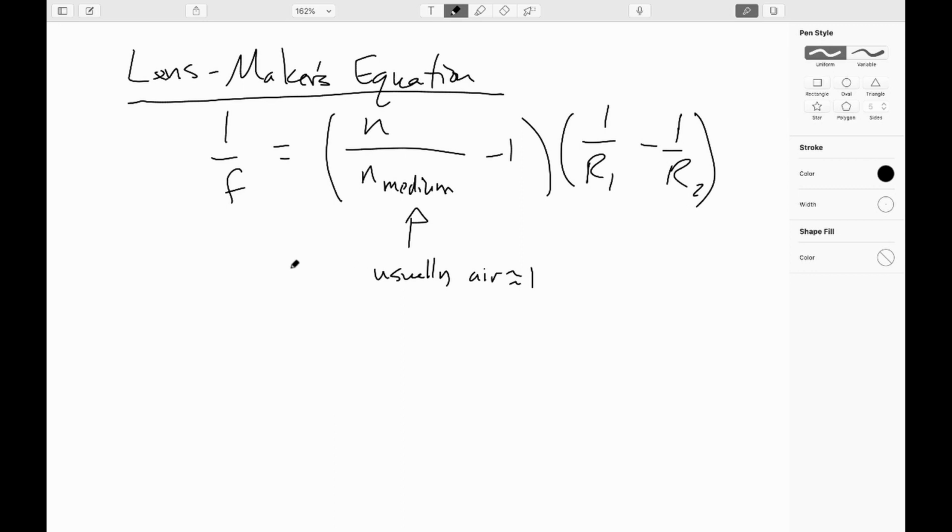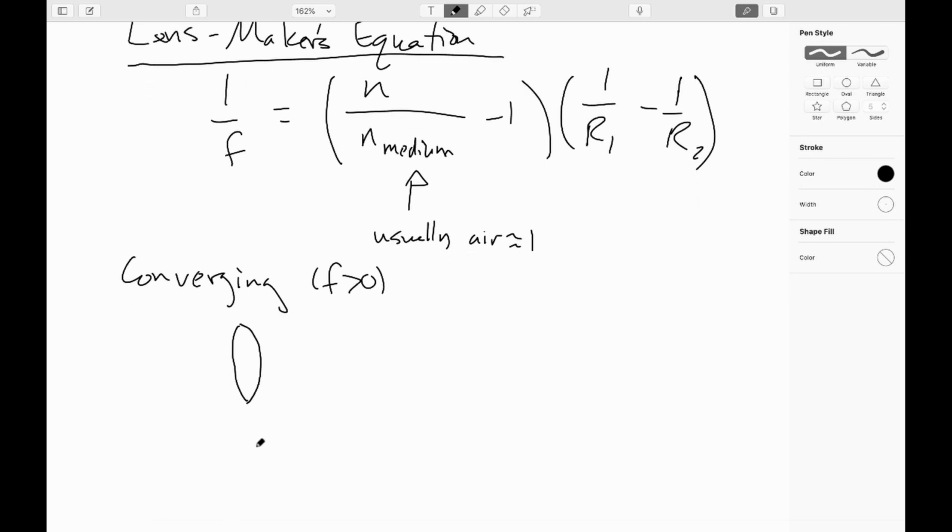So I already drew an example of a converging lens, one that would give us a positive focal length. And that was this sort of a shape here, which gets called a biconvex lens. It just means it's convex on both sides.